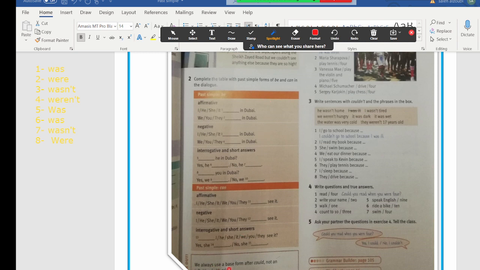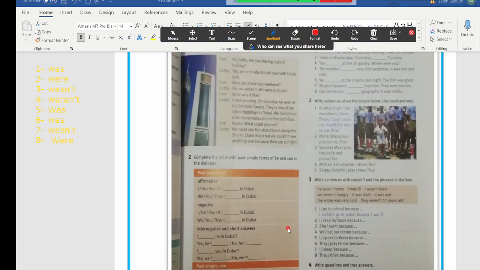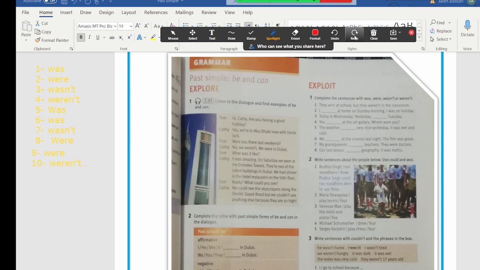We always use a base form after could, not an infinitive with to. So we can't say, for example, he could to see it. That's not correct. Okay.